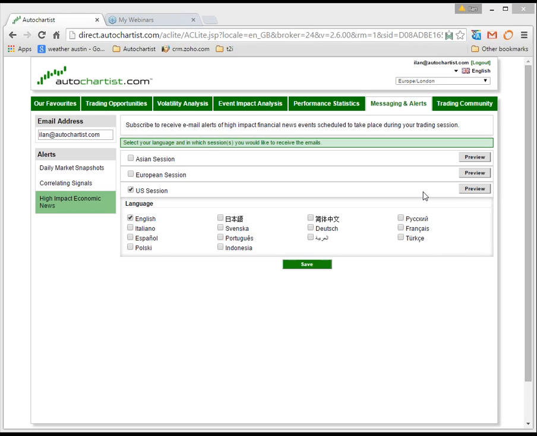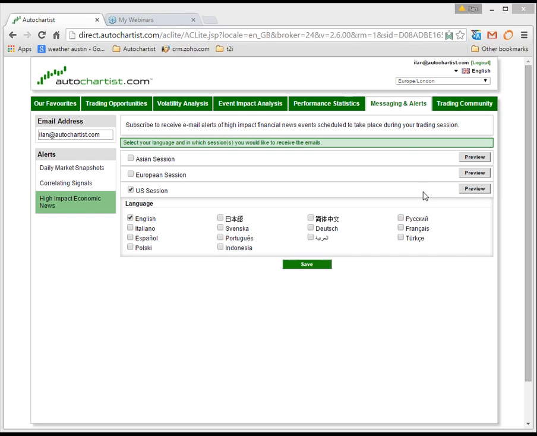So if they don't provide Autochartist, maybe you're with the wrong broker. We find Autochartist is used by most of the top brokers around the world, most of the guys that are actually concerned about your welfare. The rest of them, you might need to move brokers.